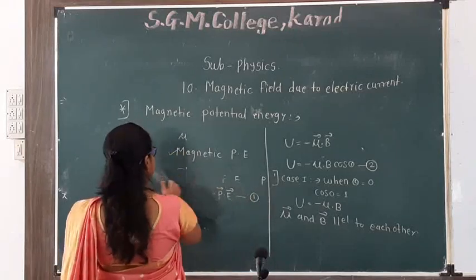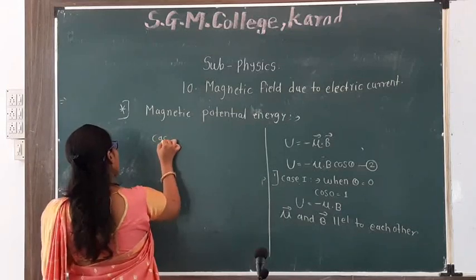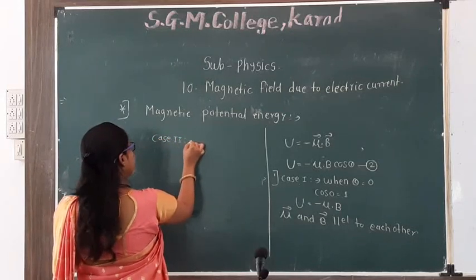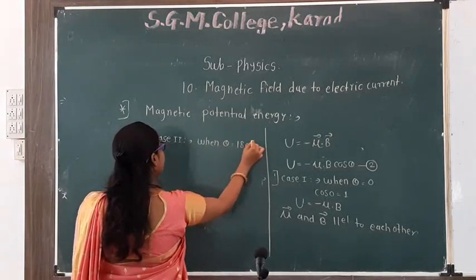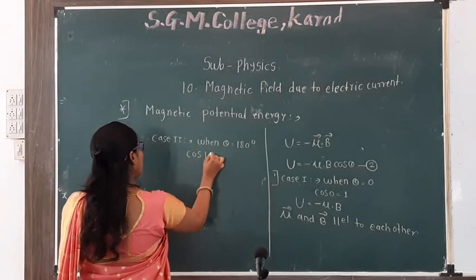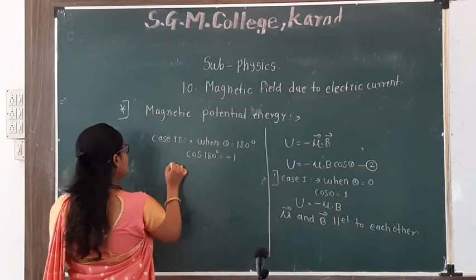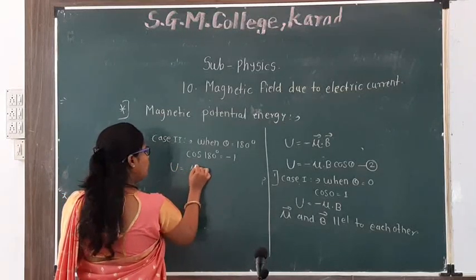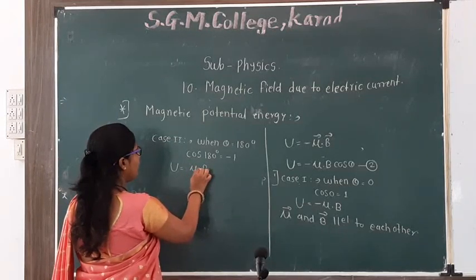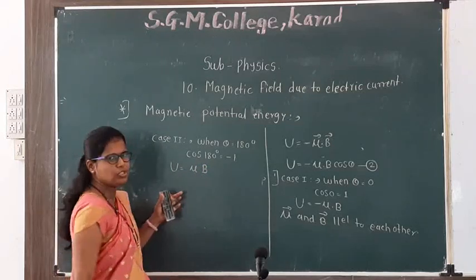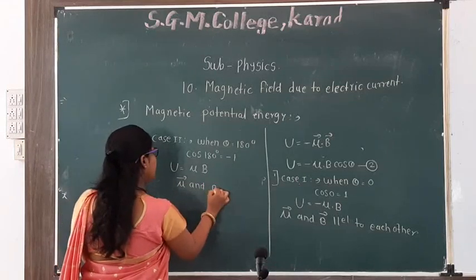Now second case, the case number second. Here, when theta is equal to 180 degrees, cos 180 degrees is equal to minus 1. So this equation becomes U is equal to mu B. Here vector mu and vector B are anti-parallel to each other.